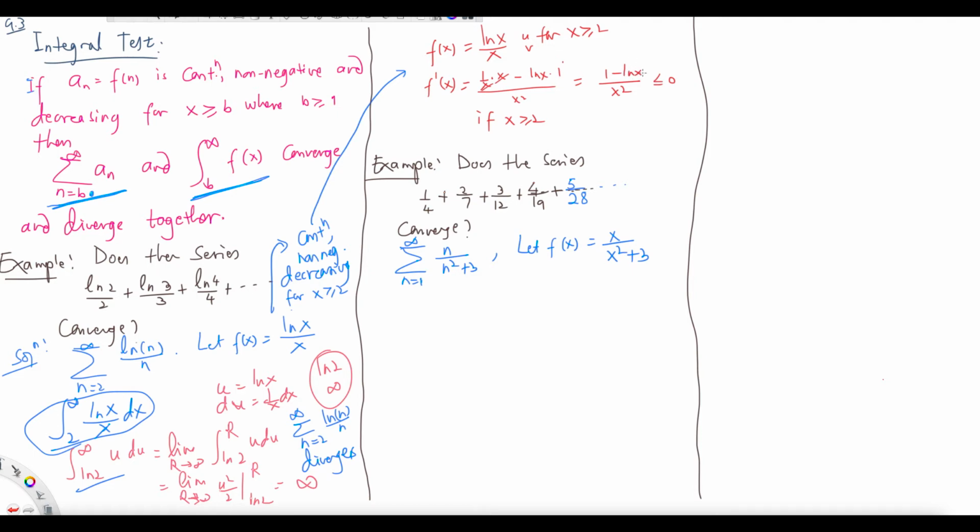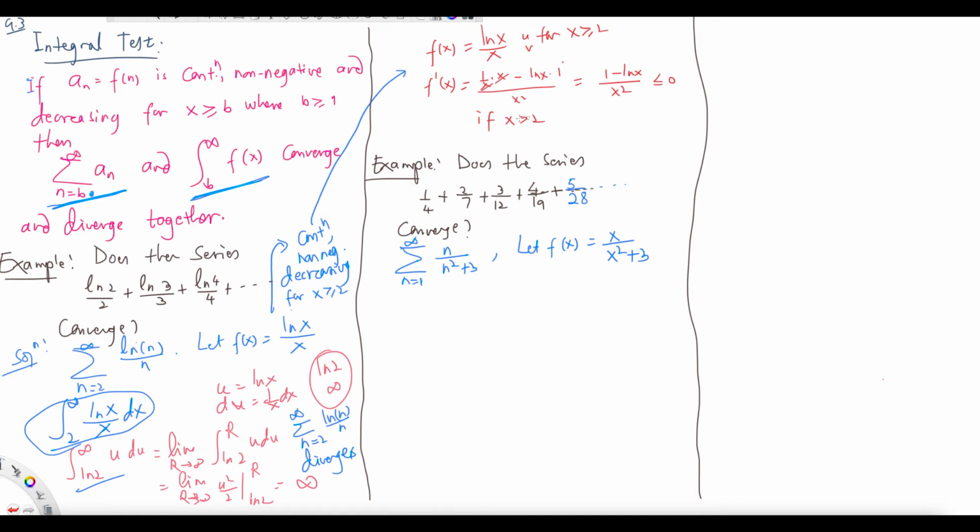Because natural log of e is 1, and for x greater than 2, that means for x equals 3 and then 4 and then 5, like that. So this value will be less than or equal to 0. Okay, so this is what you get.